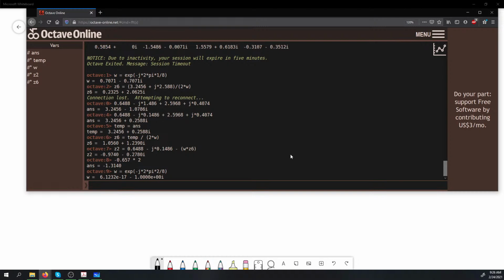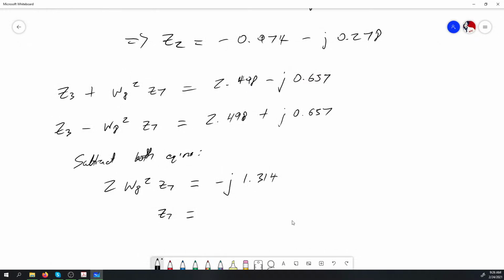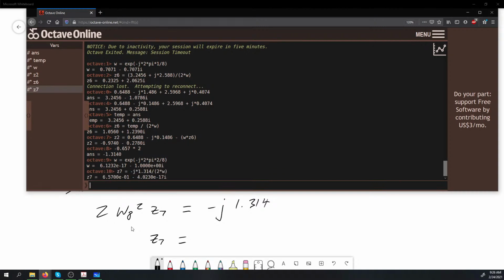We're fine with a little bit of it. And then our calculation here was this. So that Z7 here was equal to minus j by 1.4 divided by 2 by W. See if that matches up to what I had. Right, okay, so that matches up to what I did have here.